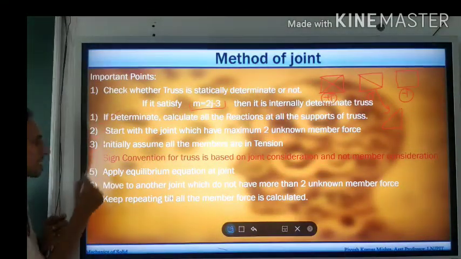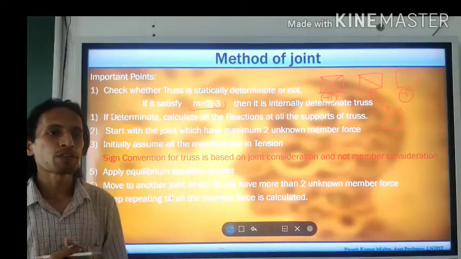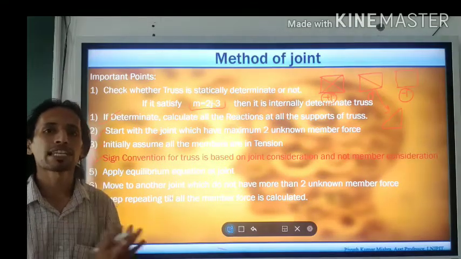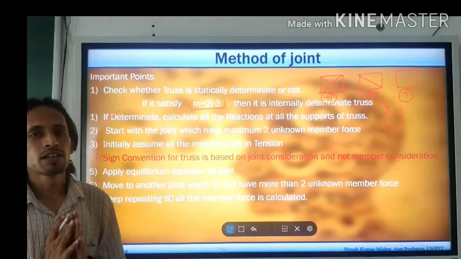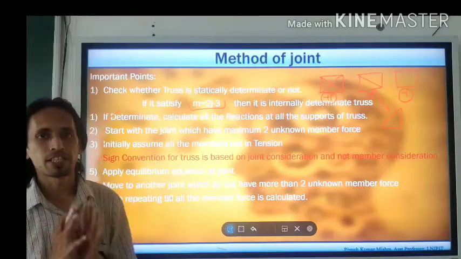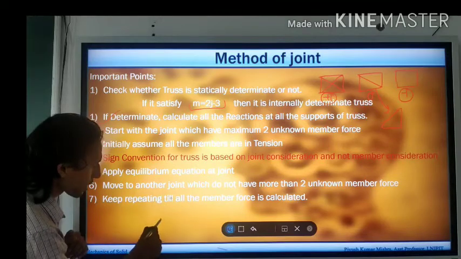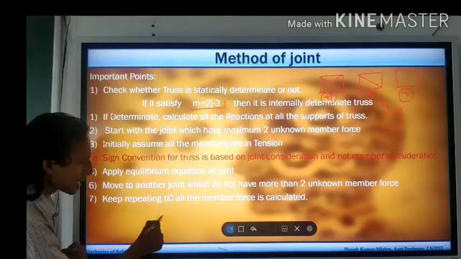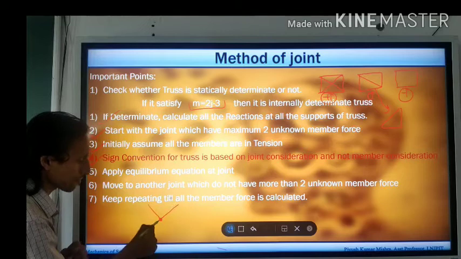Okay, what is the next point? It says that in trusses we follow the joint consideration for sign convention, and not the member convention or member consideration. What does this mean? If this is some joint and any member is connected here, suppose one member is connected like this.